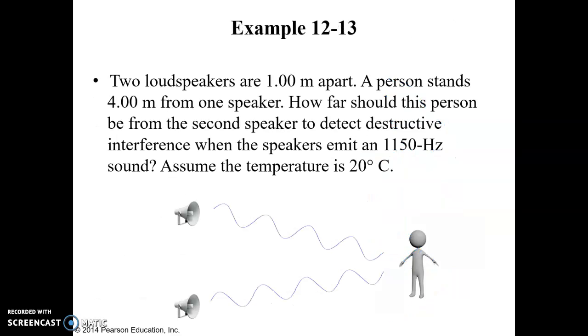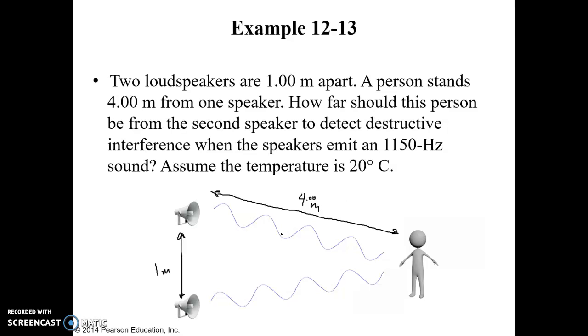Let's look at an example problem that focuses on this idea of constructive and destructive interference of audio waves. If we have two speakers emitting a tone that are 1 meter apart, so this distance here is 1 meter. A person stands 4 meters from one speaker, so this distance to the first one is 4 meters. 4.00.